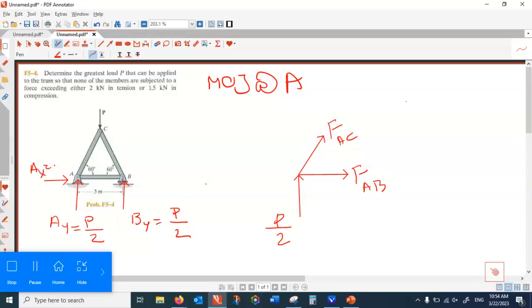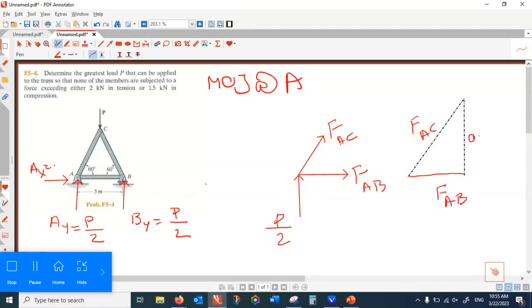Now, to solve this problem, the easiest way is to go with the method of triangles. So the known force is P by half, and one force is parallel to FAC, and one force is parallel to FAB.